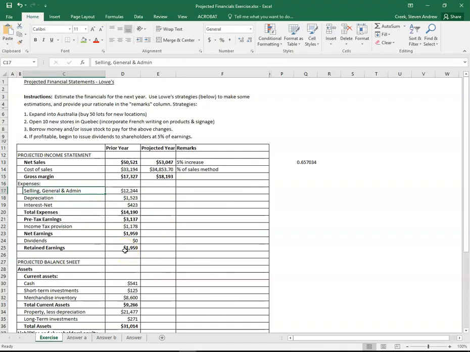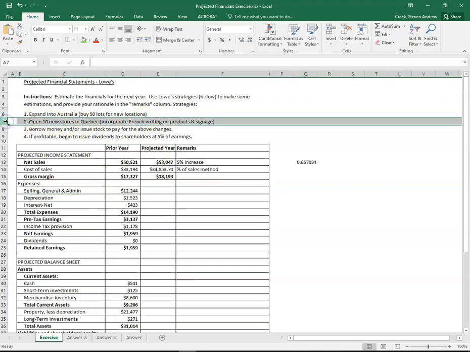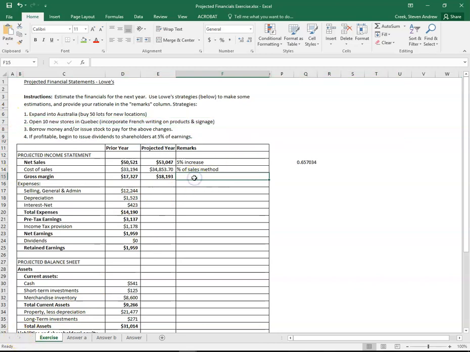Selling, general, and administration expenses, that probably will need to increase due to these new French products and signage. So we can put a little note in here saying 6% increase due to new signs. Put that in the wrong place.